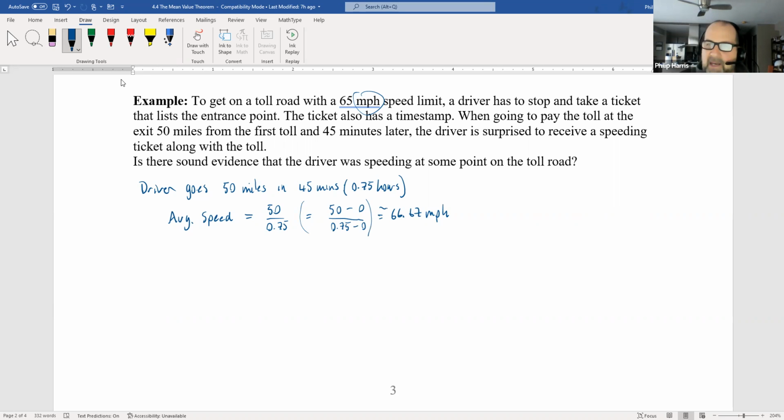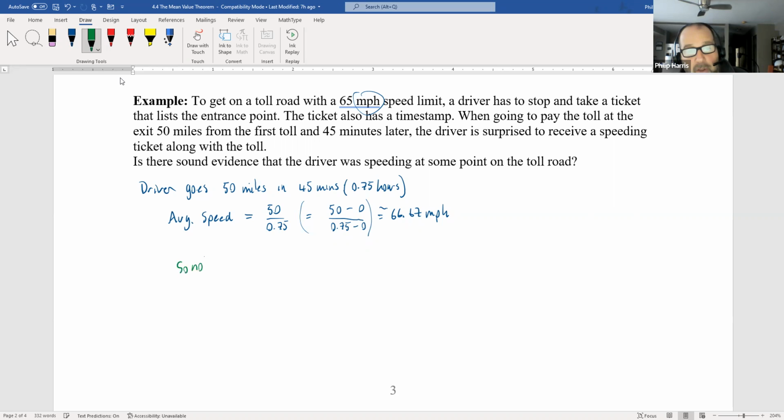I think then it's fairly obvious if they averaged 66.67 miles per hour, then they must have been speeding. They must have been doing more than 65 miles per hour somewhere. They must have been doing 66.67 miles per hour at least one moment during this drive. It's a pretty obvious idea, but realize that it is just the mean value theorem.